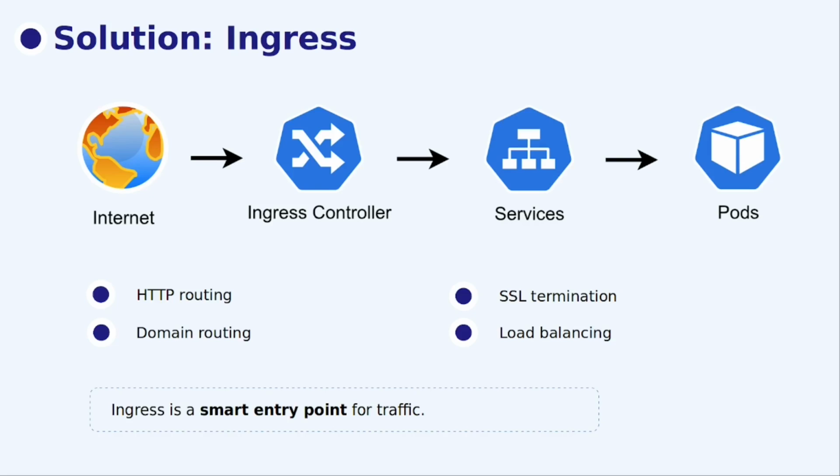And finally, it provides load balancing across pods automatically. In production environments, many organizations use Ingress controllers such as the NGINX Ingress Controller, which is one of the most popular implementations. In this project, we will use NGINX Ingress to expose our application.